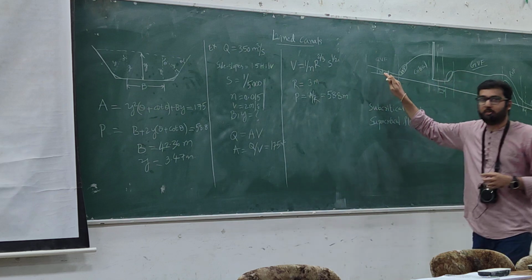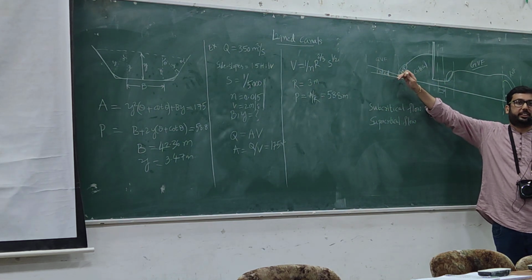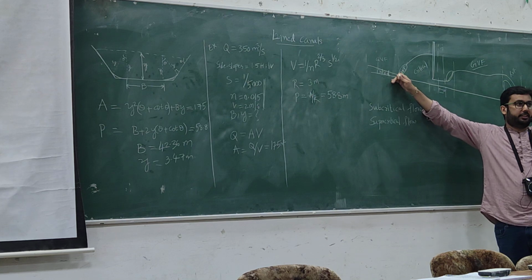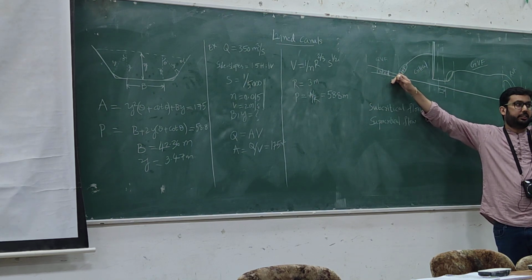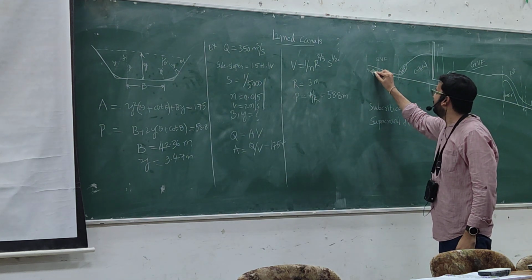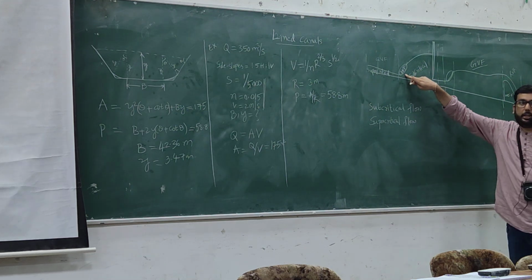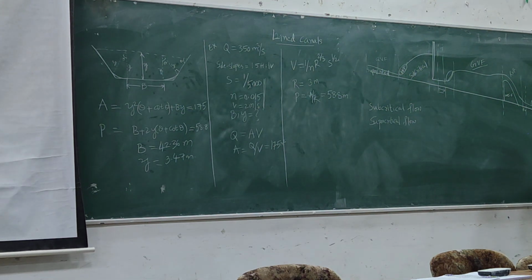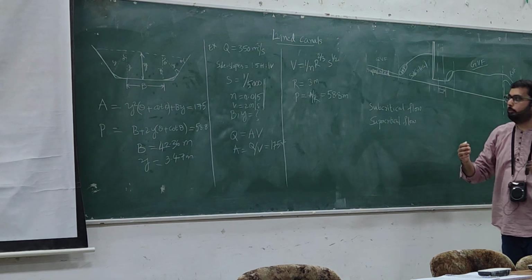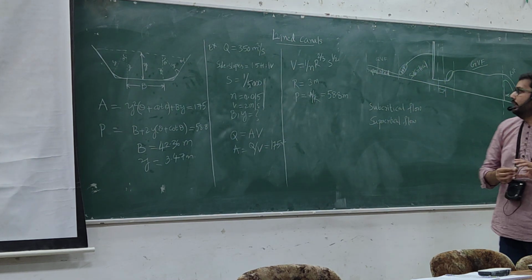So I'm writing both critical, but we still need to decide whether this is subcritical or supercritical. Yes, so this is supercritical, and this is subcritical. And why do we observe this hydraulic jump in between? Because the high velocity is merging with low velocity, so to lose that energy, a hydraulic jump forms.